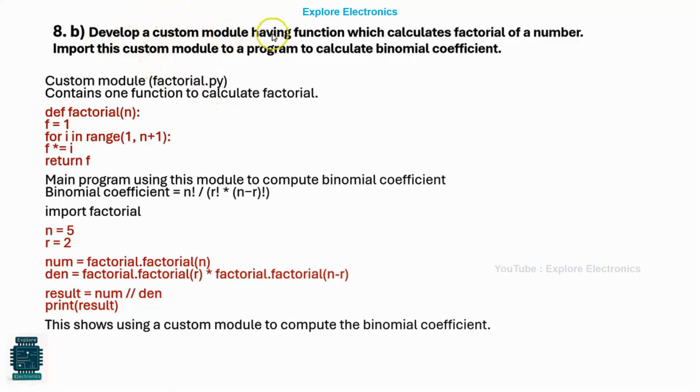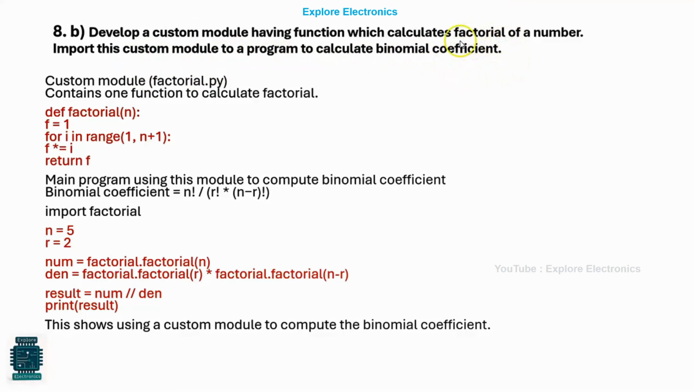Develop a custom module having a function which calculates the factorial of a number. Import this custom module to a program to calculate the binomial coefficient. Here we have to develop a custom module which has the function to calculate the factorial of a number, and we have to import this custom module to a program to calculate the binomial coefficient.